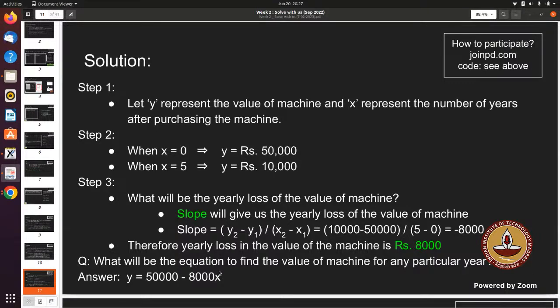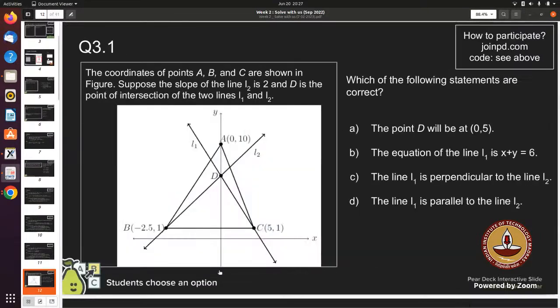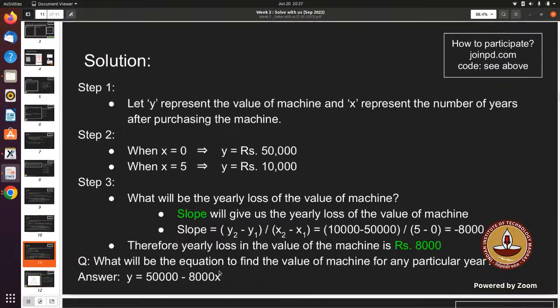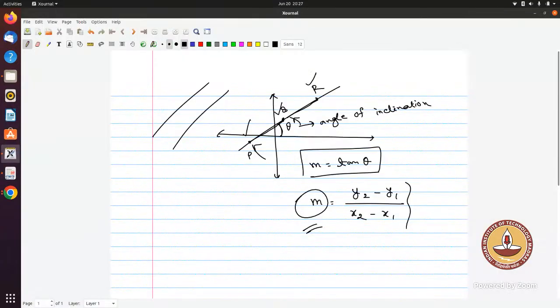Okay, great. Sir, can you explain the previous question? That c, I don't understand. Let me write it. When I am talking about y equal to mx plus c, in this problem we know the slope is 8,000. So this we got, right? Now what is c?